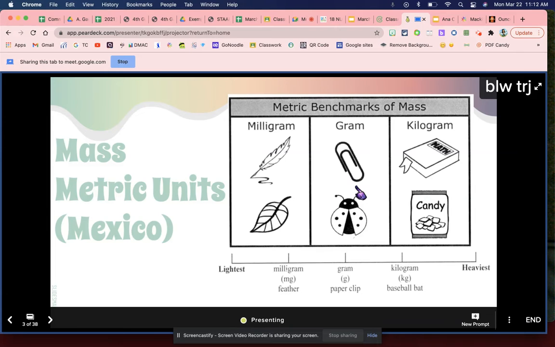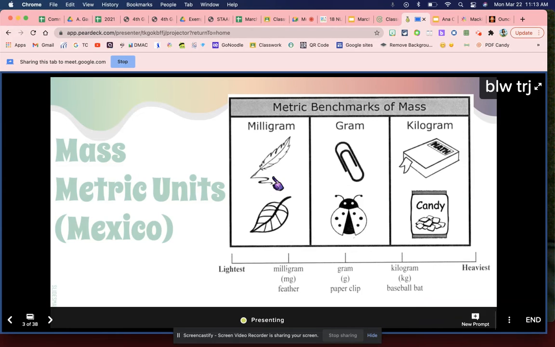That's what we were watching in the video. 1 paper clip is equal to 1 gram. The ladybug, grams. When we're measuring heavier objects like a math textbook or a bag of candy, we would measure that in kilograms. We can also have a baseball bat to help us remember.